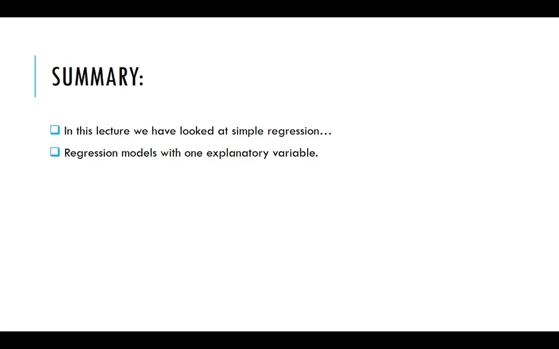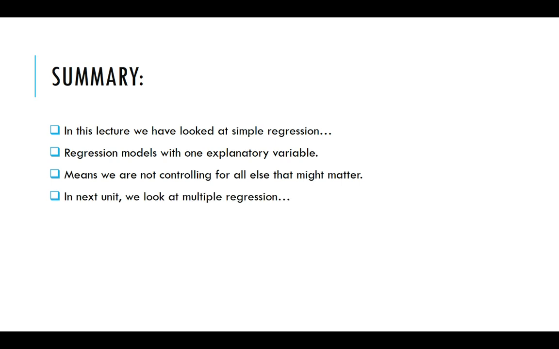So very quickly, in this lecture, we've looked at simple regressions. Understand that that's a regression model with one explanatory variable. So only an X and a Y. And if we only have an X and a Y, it means we're not controlling for all else that might matter. There could be other things that matter.